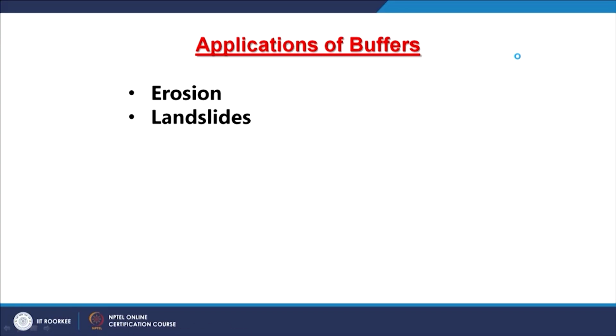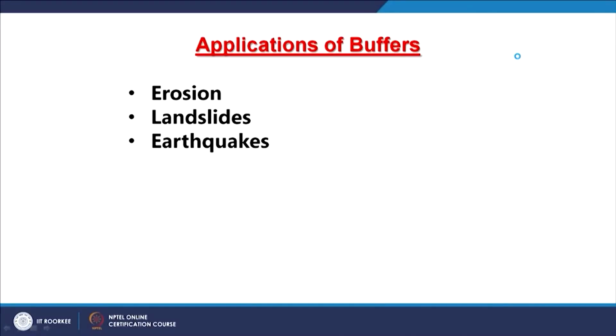In landslide studies also, buffers are very important to know which areas are initially going to be affected, and later how a landslide will expand in future depending on the terrain characteristics and other factors like vegetation cover, land use, soil, lithology, but along with that terrain characteristics. If that information is there, we can create a buffer along existing landslides, and these buffers will let us know how it would expand in future if things continue in the same way.